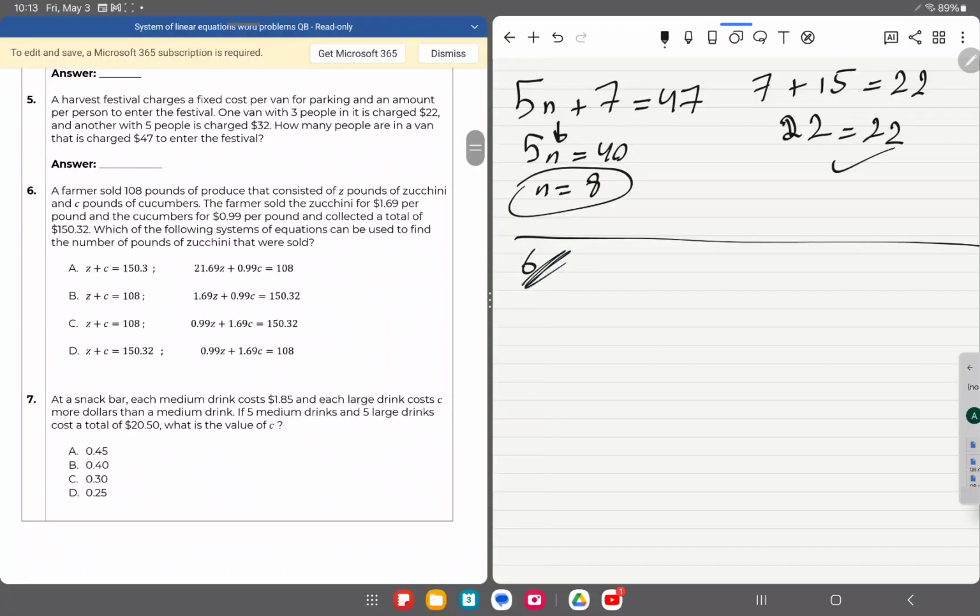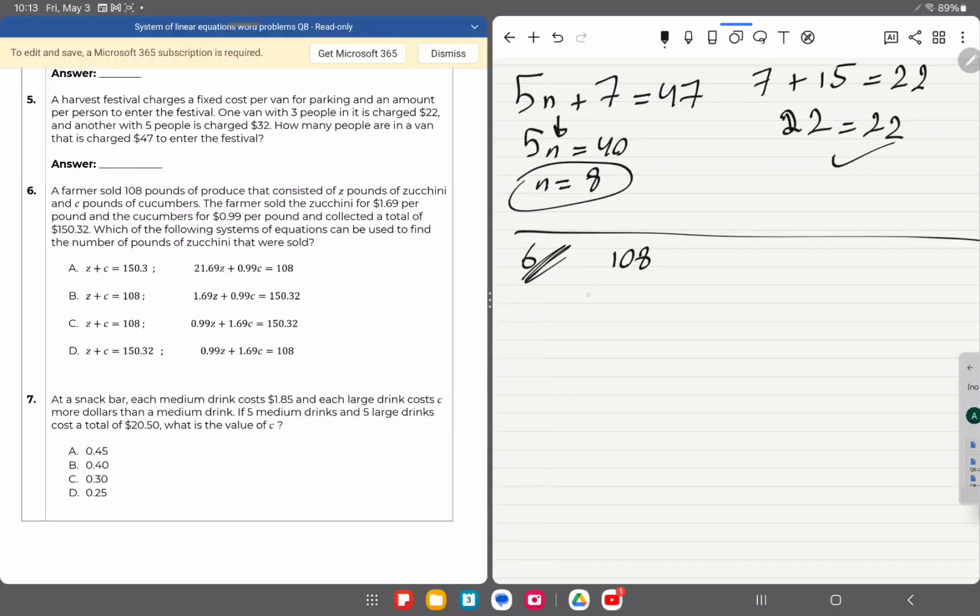Number 6. A farmer sold 108 pounds of produce that consists of Z pounds of zucchini and C pounds of cucumber.